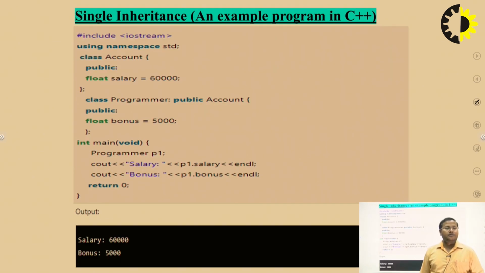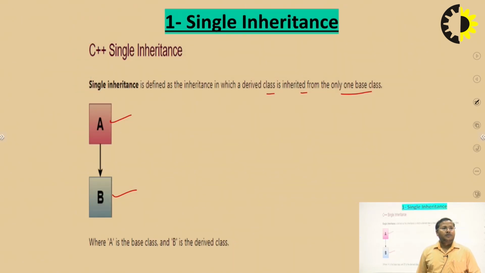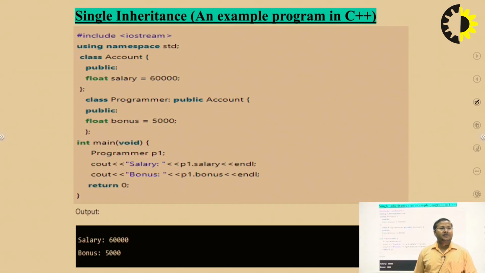I am going to show the implementation of single inheritance using a program written in C++. It is an example program showing single inheritance. Here the header file is included by using the syntax include iostream.h, using namespace std. Here the name of the class is Account and we have used the keyword class.